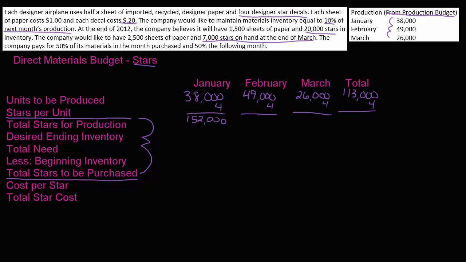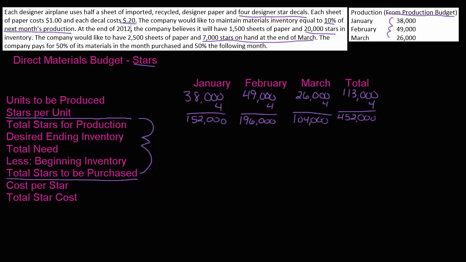For February, 49,000 times 4 is 196,000. For March, 26,000 times 4 is 104,000. And 113,000 times 4 is 452,000 stars. It's a lot of star stickers.